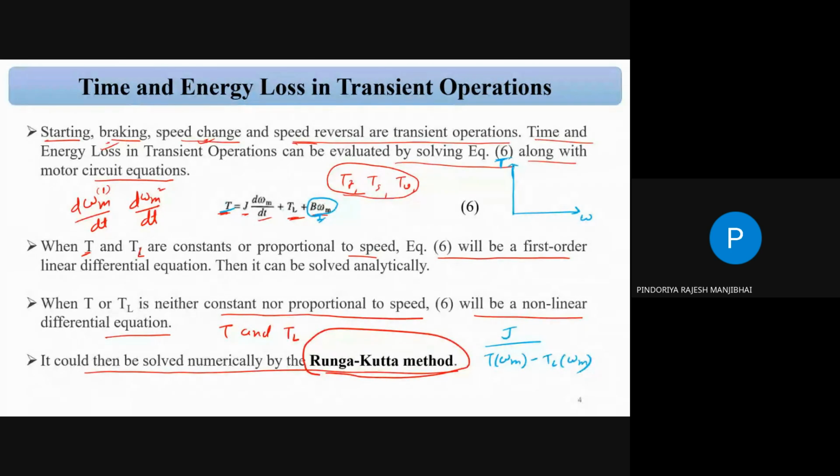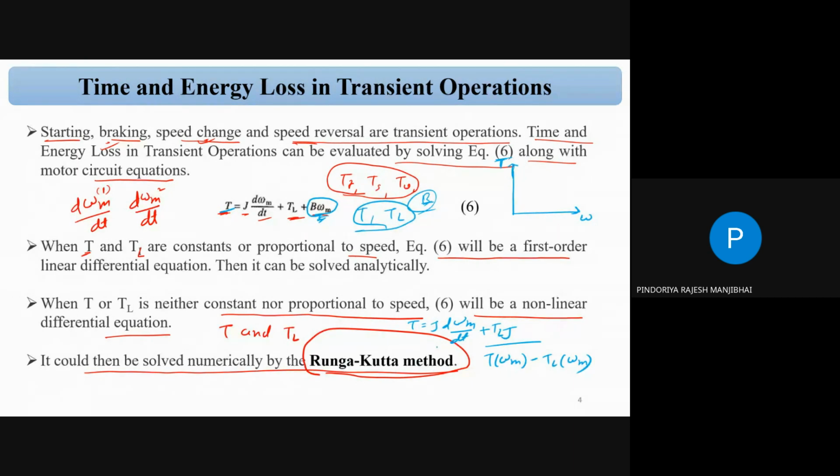Compared to T and load torque TL, which are both torque components, the magnitude of the damping coefficient is very, very small, so we can neglect B from this equation. The remaining quantity is T equal to J d omega m by dt plus TL, correct?